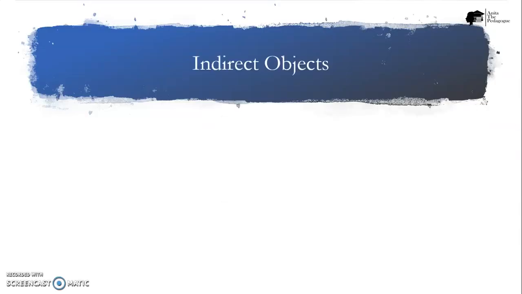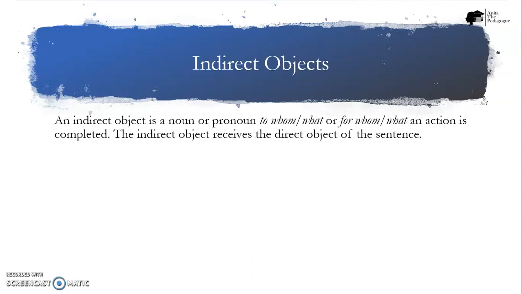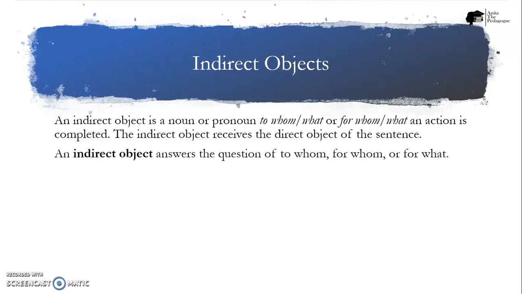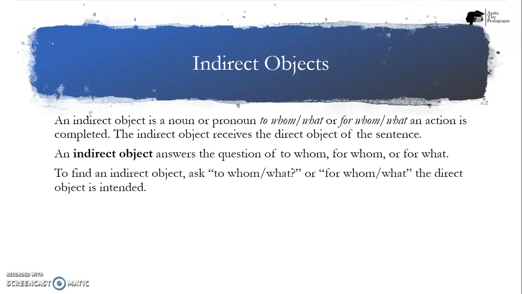On that note, let's take a look at indirect objects. An indirect object is a noun or pronoun to whom or what or for whom or what an action is completed. The indirect object receives the direct object of the sentence. An indirect object answers the question of to whom, or for what.